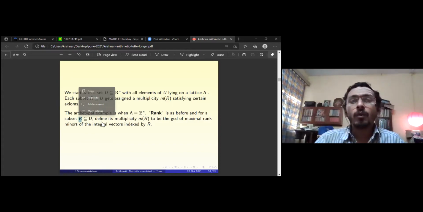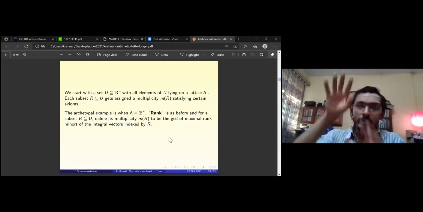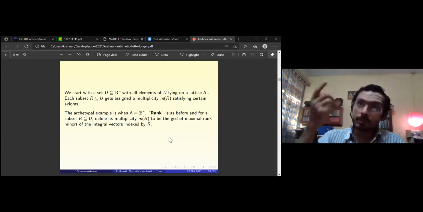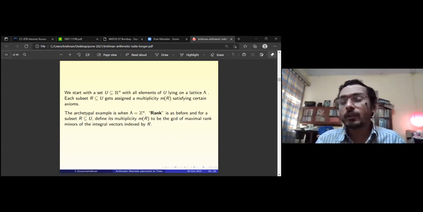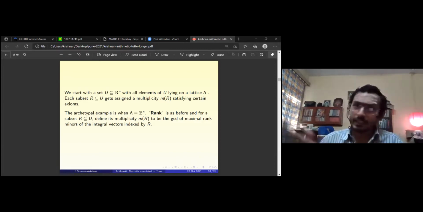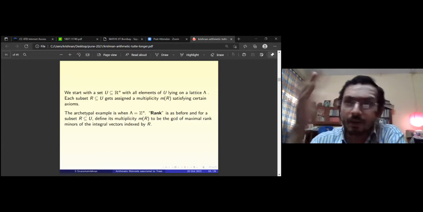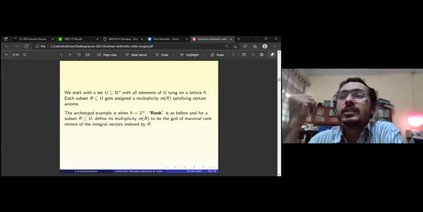In that, what is m(R)? It is the GCD of maximal rank minors. What do I mean by GCD? If you look at maximal rank minors, there will be at least one which is non-zero. There are several definitions of rank, as we have taught in linear algebra courses: row rank, column rank, pivot rank, and determinantal rank.